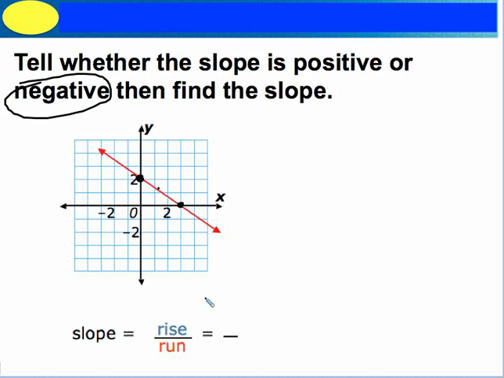So we wouldn't want to choose a point that falls at uneven decimal coordinate points. We would want to pick exact points because that'll cause our calculations or our counting to be easier.